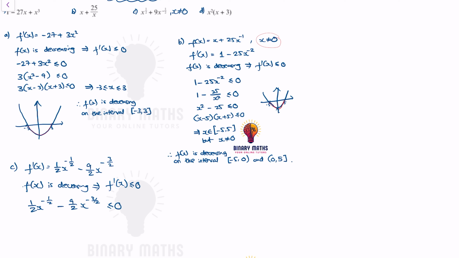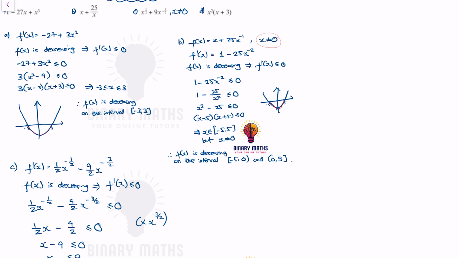If I multiply both sides by x to the power of 3 over 2, then I get half x minus 9 over 2 is less than or equal to 0. If I multiply through by 2, I get x minus 9 is less than or equal to 0. And x must be less than or equal to 9.